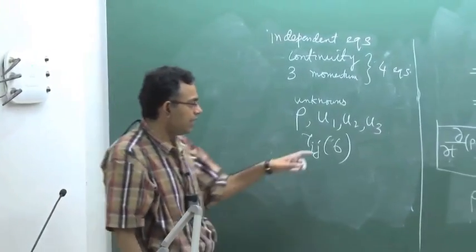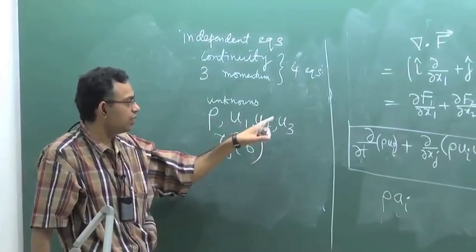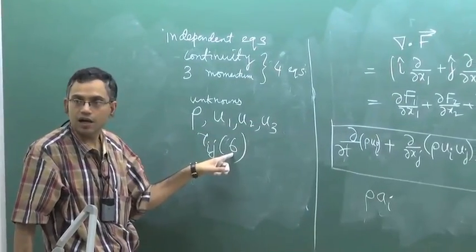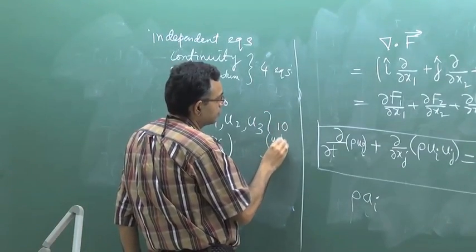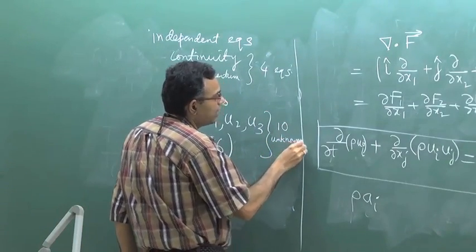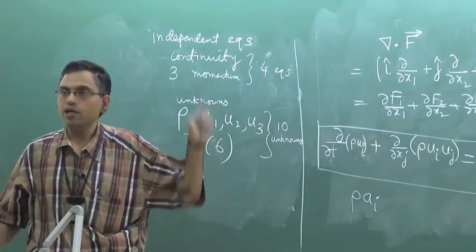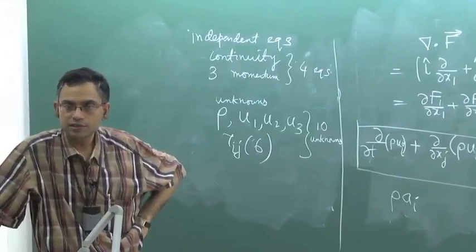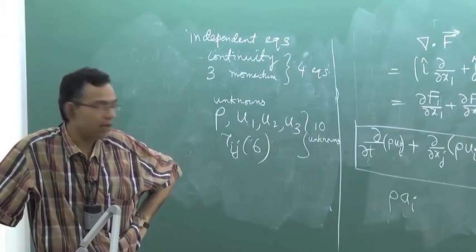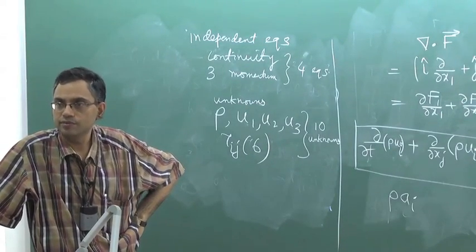So how many are there? 1, 2, 3, 4 plus 6, 10 unknowns. So whatever equations we have derived are not a closed system, because you have 4 independent equations with 10 unknowns.